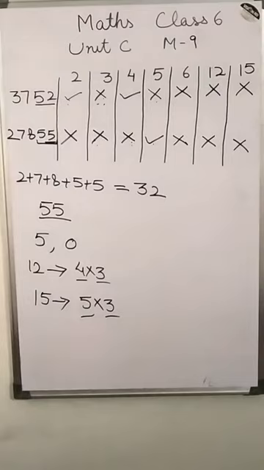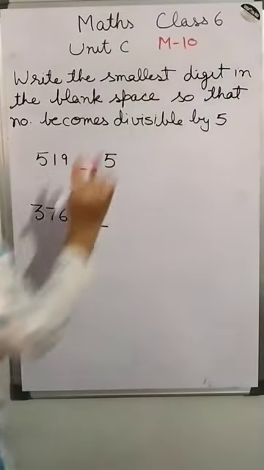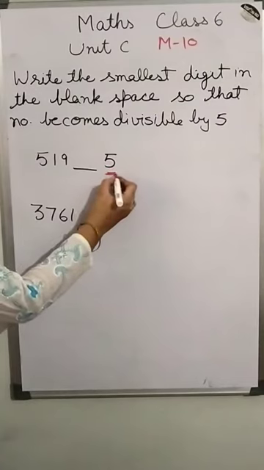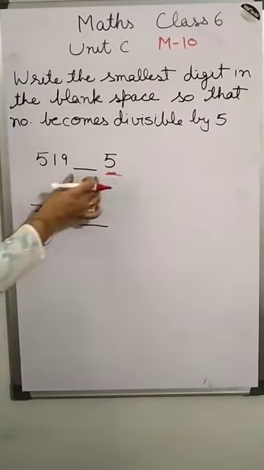Okay. Now come to module number 10. In this module the question is: write the smallest digit in the blank space so that the number becomes divisible by 5. For the divisibility of 5, the number should end with 0 or 5. So here the unit digit is 5, and we can fill in any number in this space.